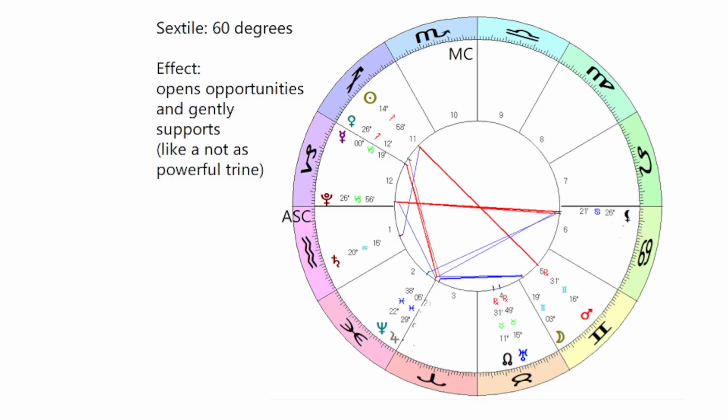The trines really are catalysts towards things flowing and things going in a direction. The sextiles express themselves more as opportunities. So this will open doorways for the person that is experiencing this sextile.